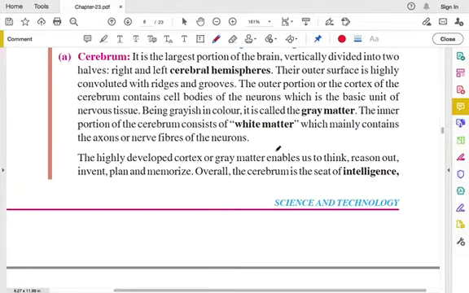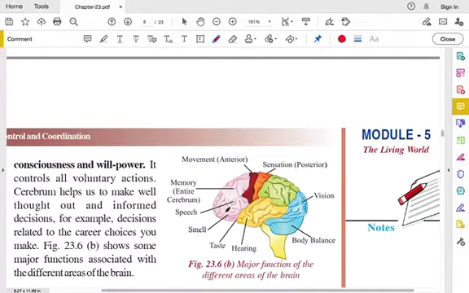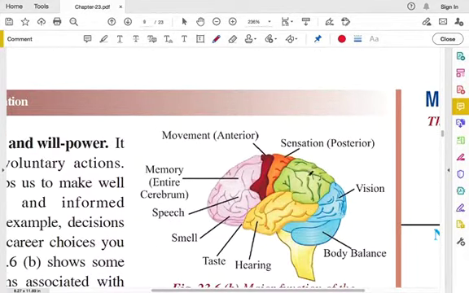So the outer surface of the cerebrum is convoluted. Convoluted means it contains ridges and grooves. Ridges means like this, grooves is like this. If you see this, you can see that they have these convolutions here.